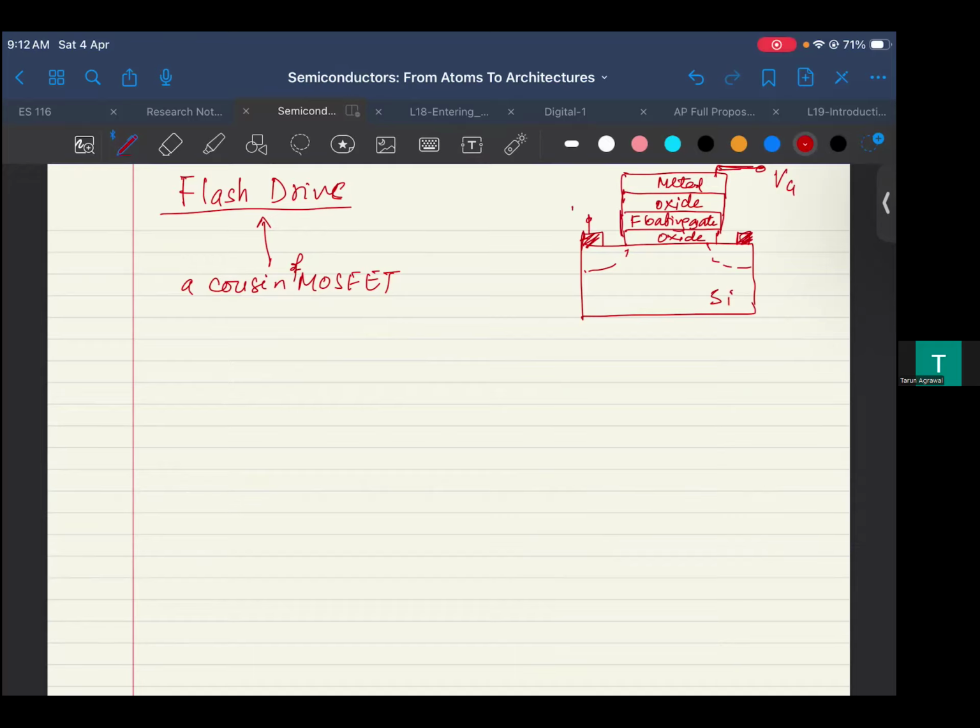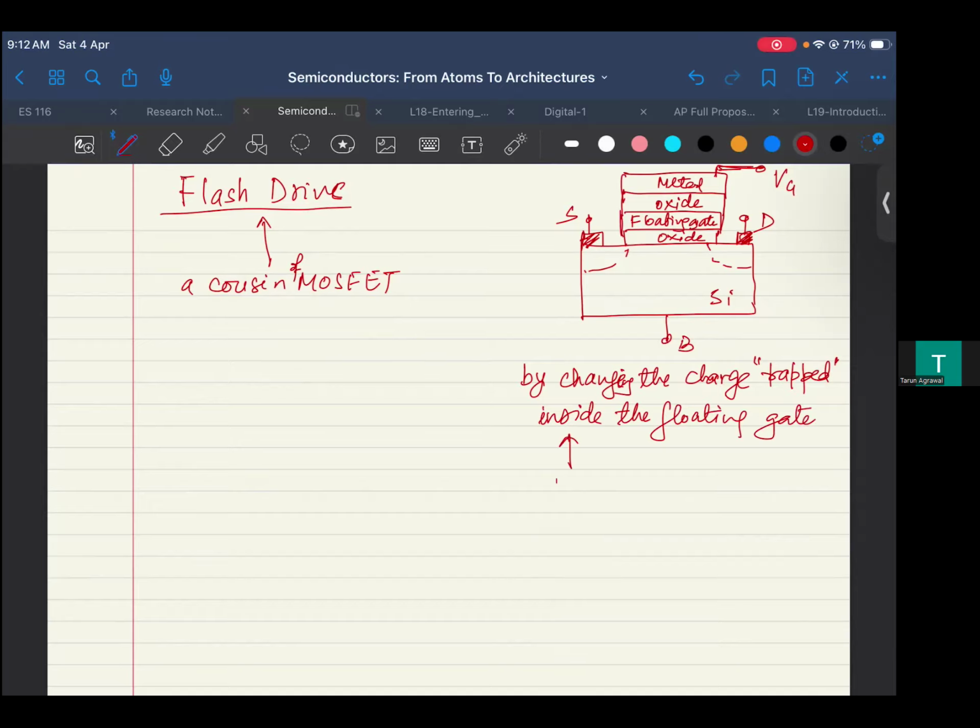And we also discussed that by changing the charge, and trapped is the right word, because it's floating, it cannot go anywhere, it is trapped inside the floating gate, you can achieve either logic 1 or logic 0.